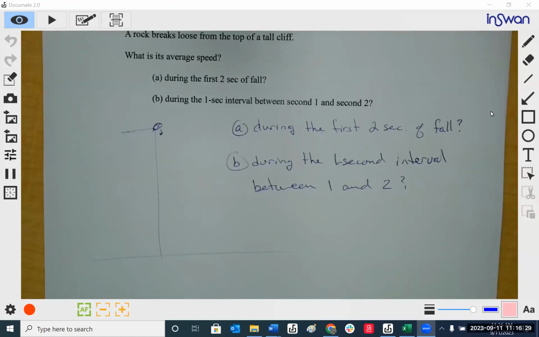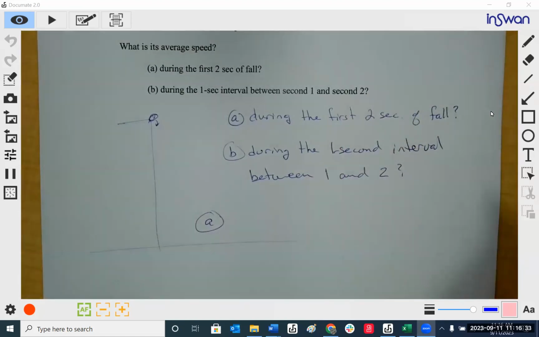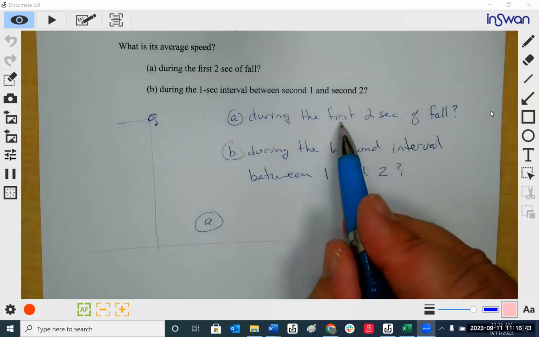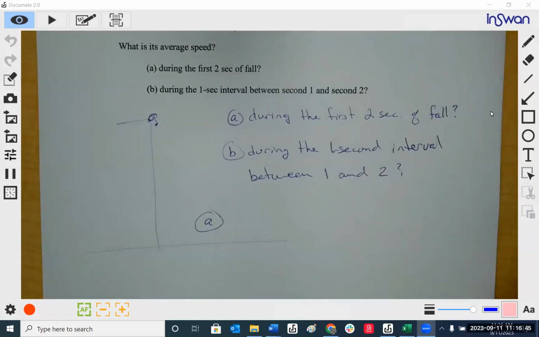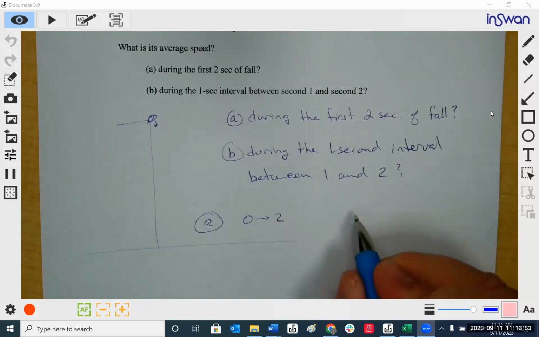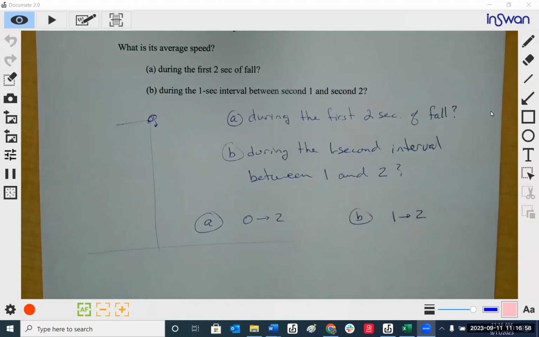So how do we go about doing this? What's the difference between these two? On the first one, on the second one? Right, very good. That's the big difference. For A, it's between 0 and 2 seconds. And for B, it's between 1 and 2 seconds.